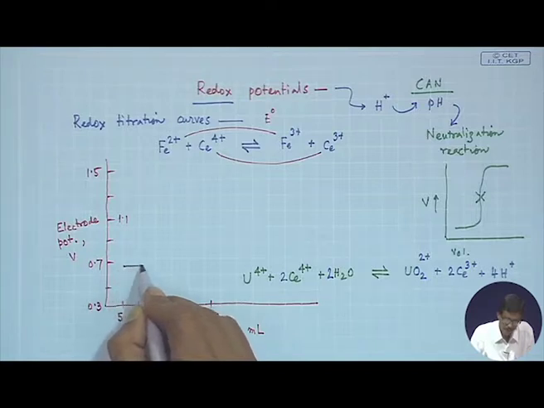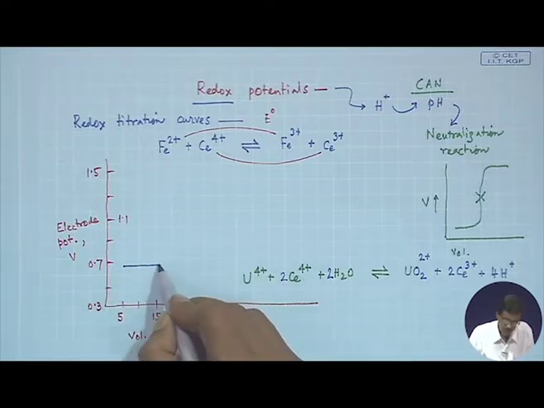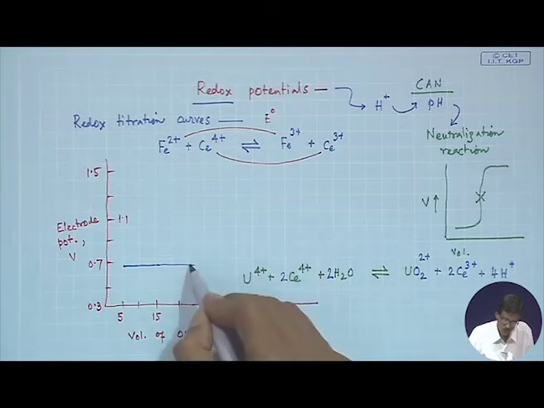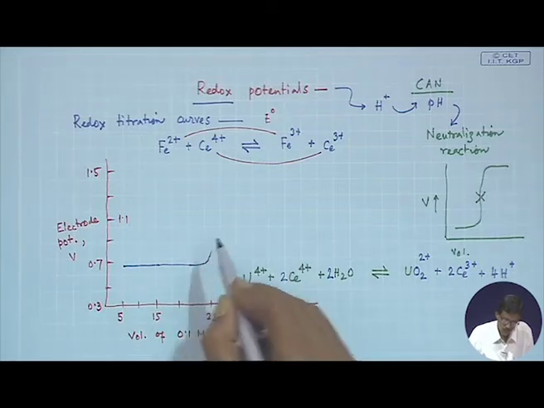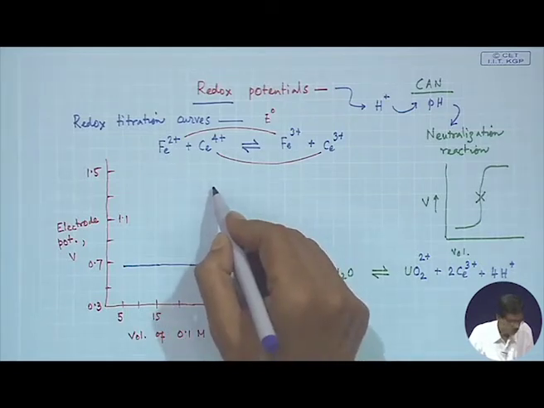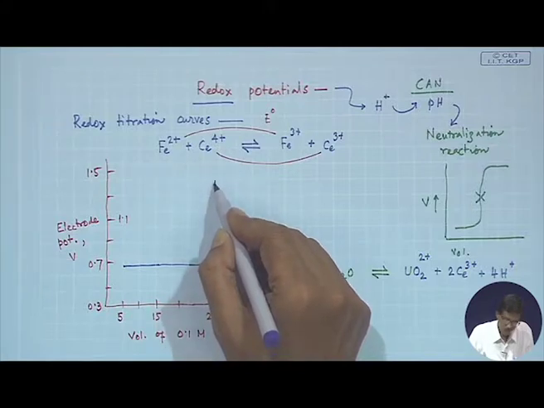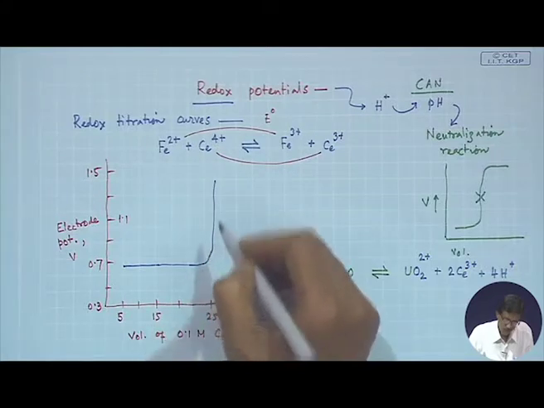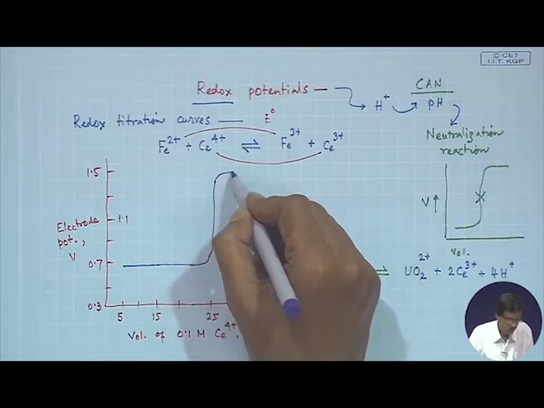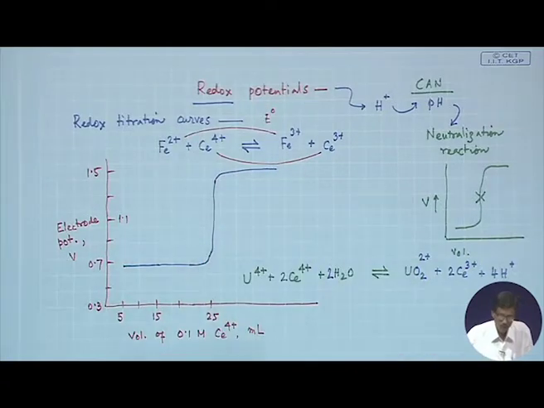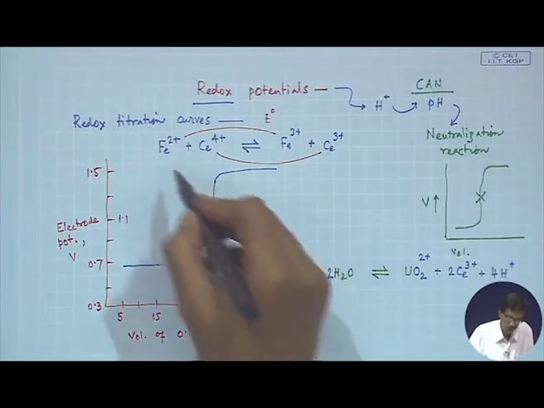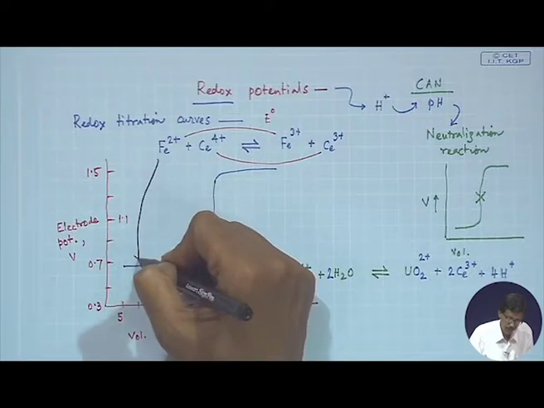So, it starts from here and it goes, so this we get for the corresponding values for your Fe2+ reaction.